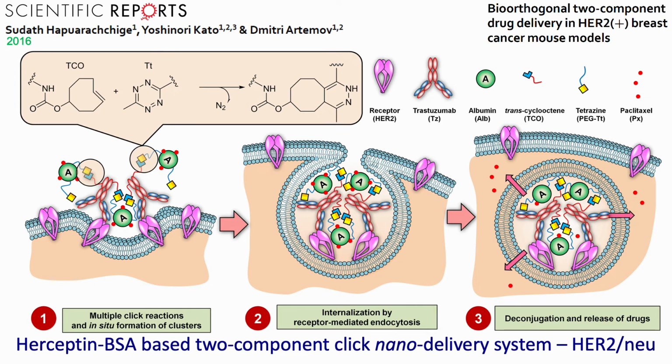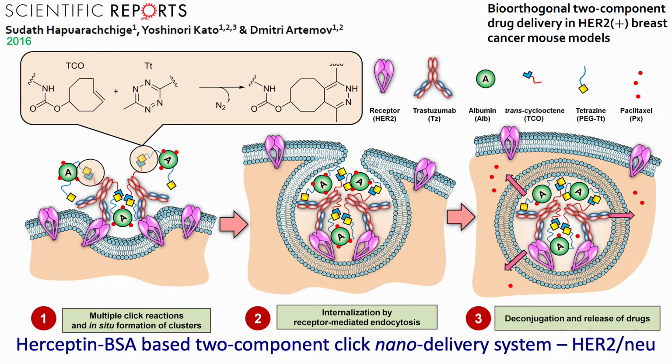So with a pre-targeting approach, you can take this trastuzumab with the first click chemistry pair and one imaging reporter and make sure that this trastuzumab has bound to the HER2 receptor with imaging and has cleared out of the normal tissues.